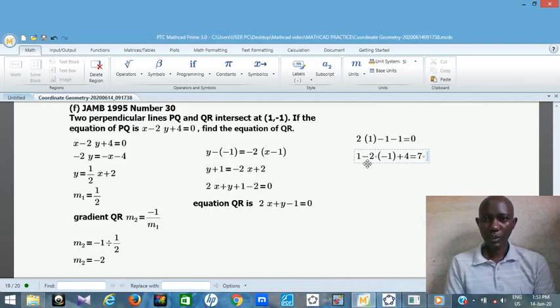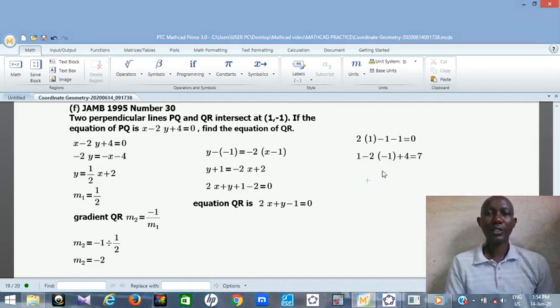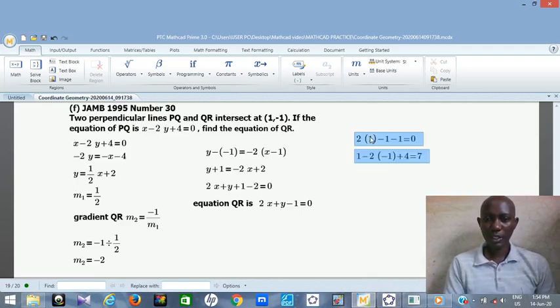Minus 2 times minus 1 is plus 2. So 2 plus 1 is 3, 3 plus 4 is 7. You can see it. We're supposed to have 0. So even what they gave in the question did not give 0. But don't worry, our solution is correct.